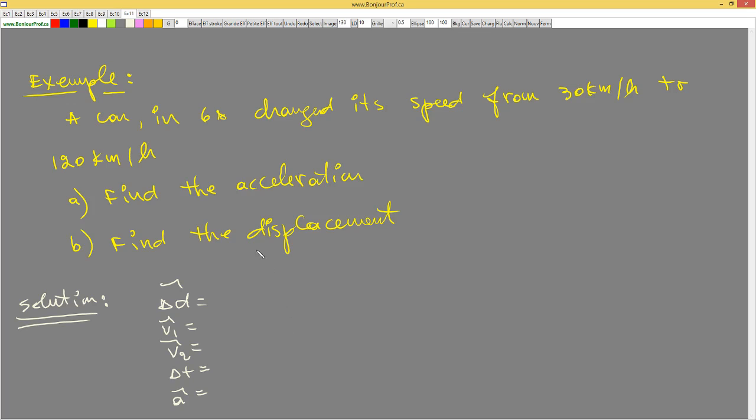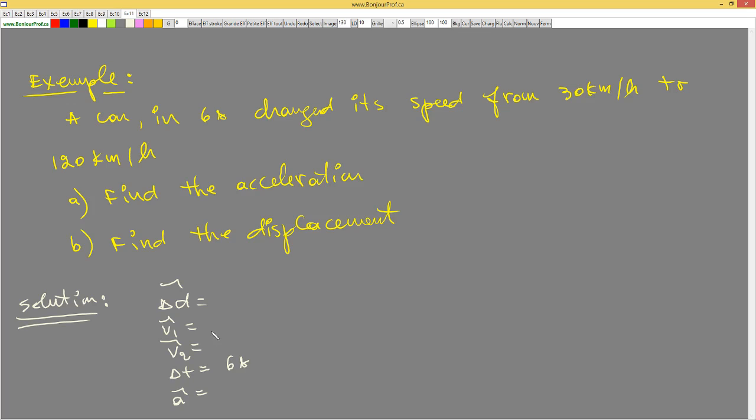Okay, so in your situation, tell me what I have to write in which variable. Time, it is 6 seconds. I'm going to put it in 6 seconds. Change its speed from 30 km per hour to 120 km per hour.